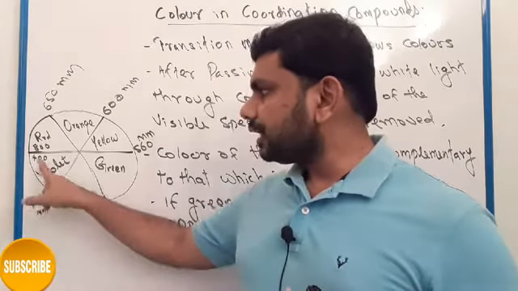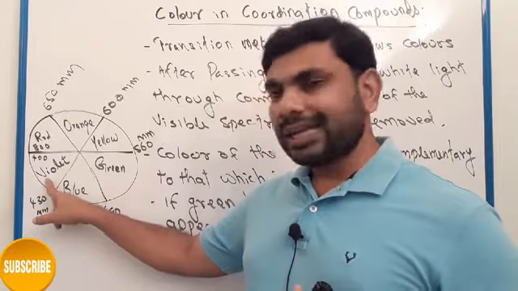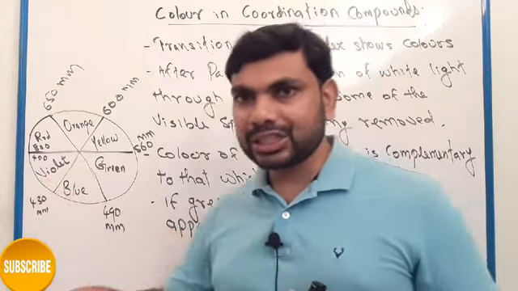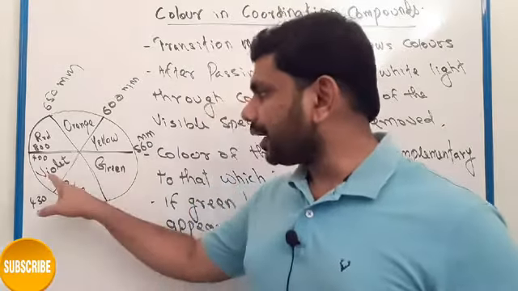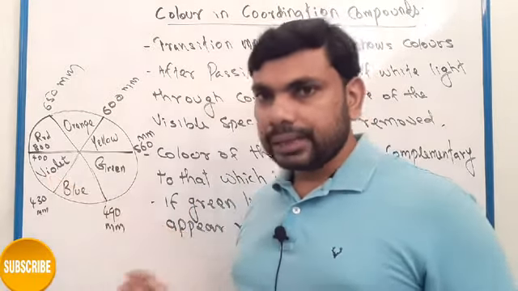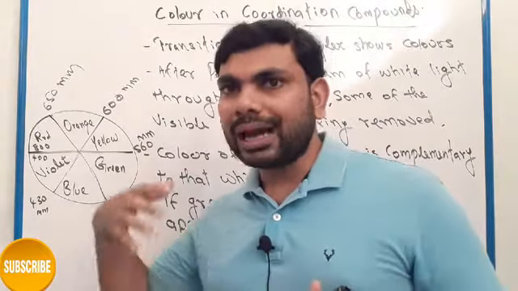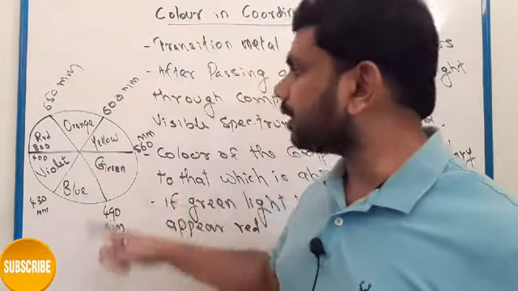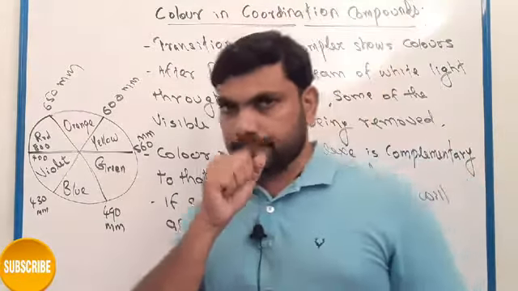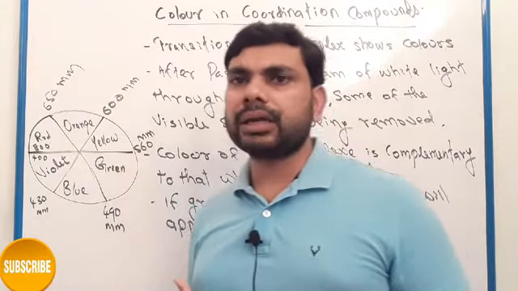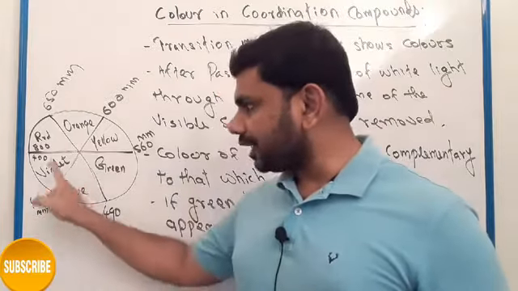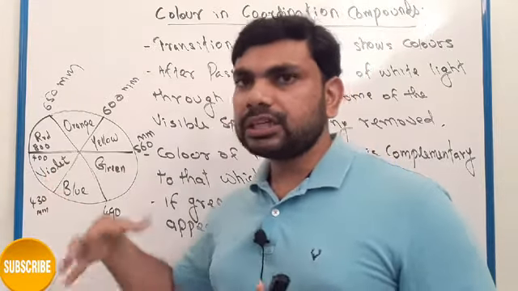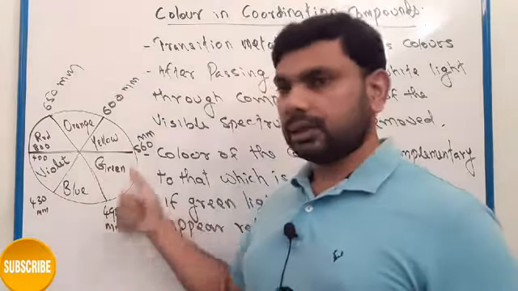That means it absorbed violet color. Then the coordination compound will appear yellow. This is the complementary color.